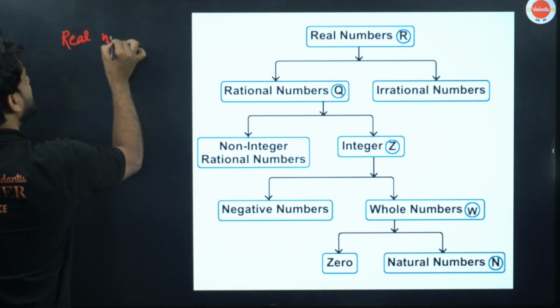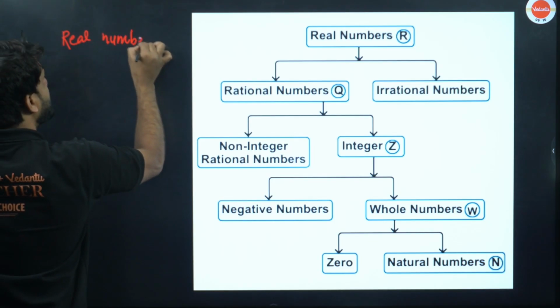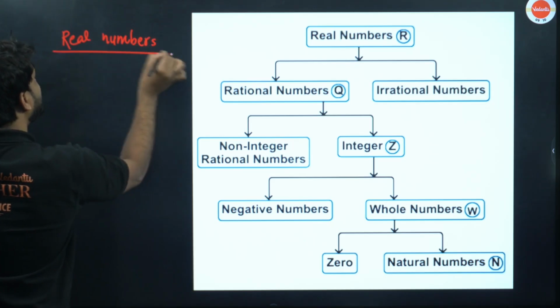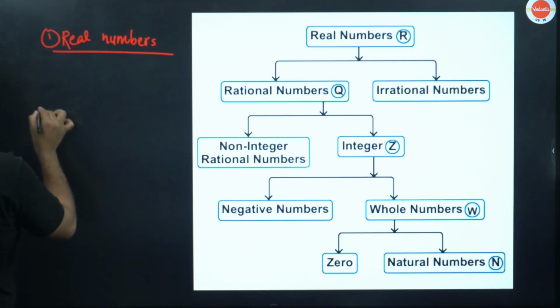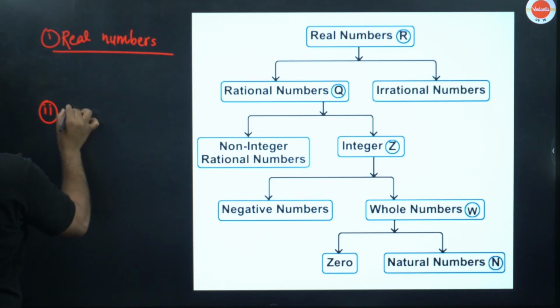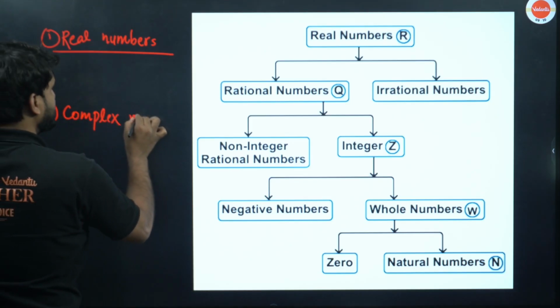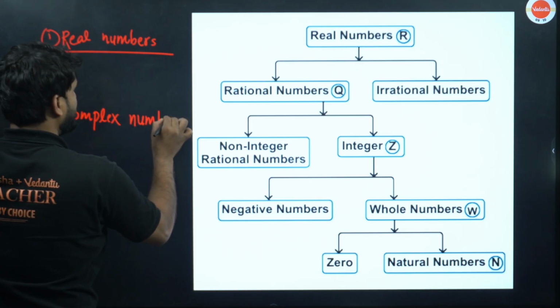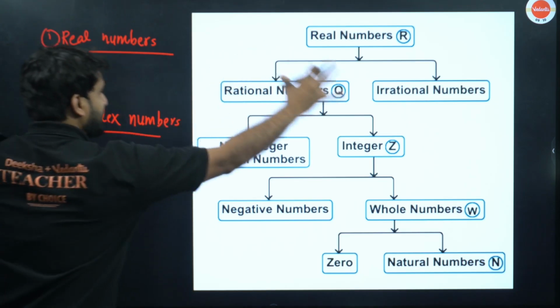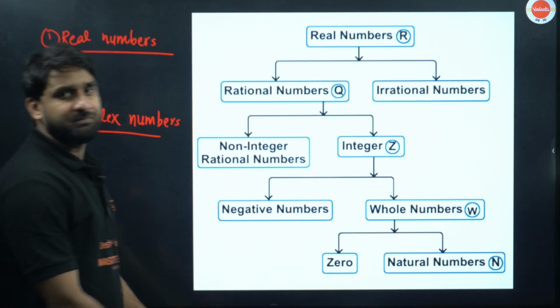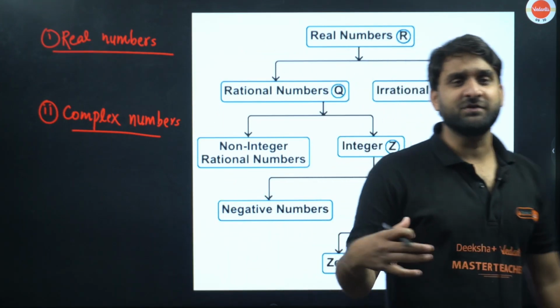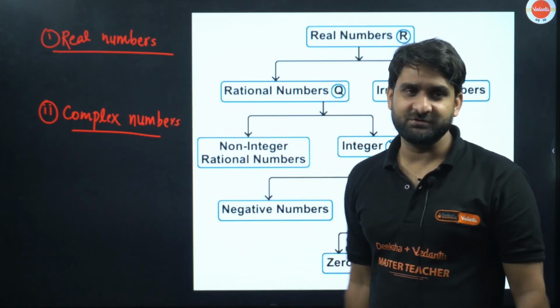First is real numbers, this is the first. And one more is complex numbers. Please understand both first, then I will be moving to this diagram. Okay, so first understand real numbers and complex numbers.